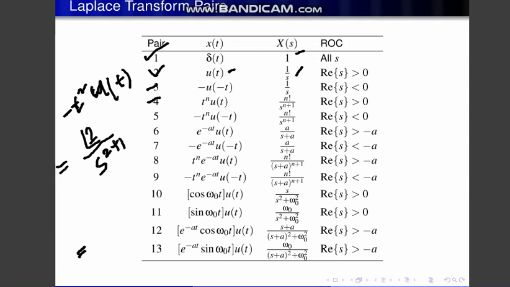And 2 factorial means 1 multiplied by 2, over s cube.